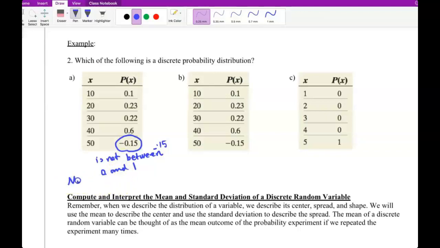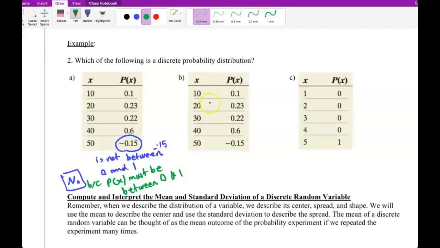So the answer for this part is no. Because the probability of x must be between 0 and 1.